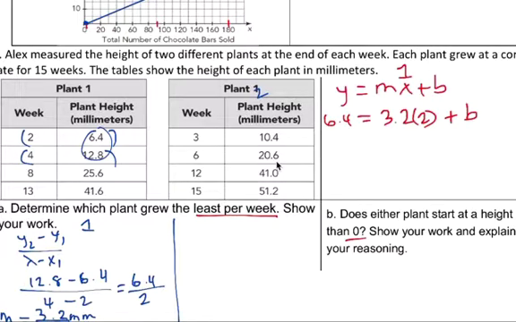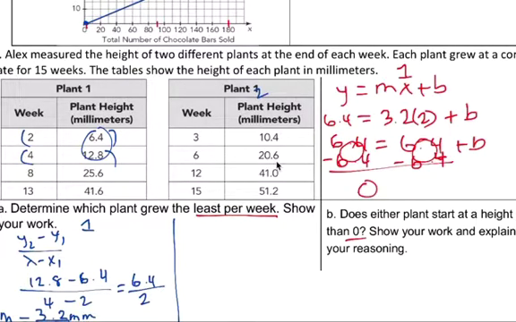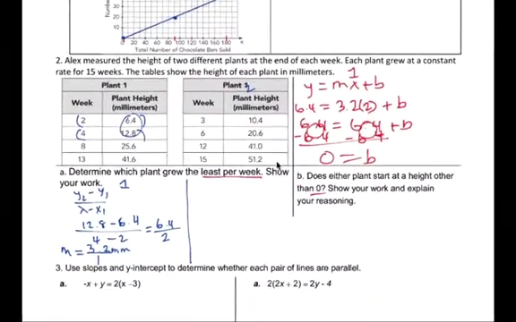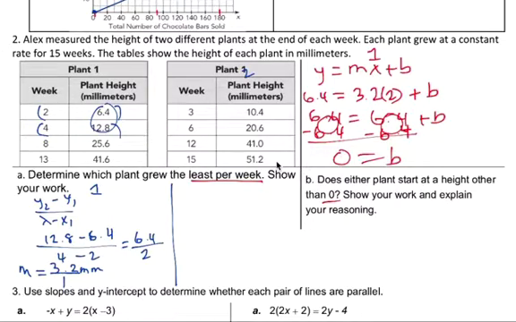Oh, this one starts at 0. Look at that. 0 equals 0 plus b, which is b. So yes, plant number 1 starts as seedlings.